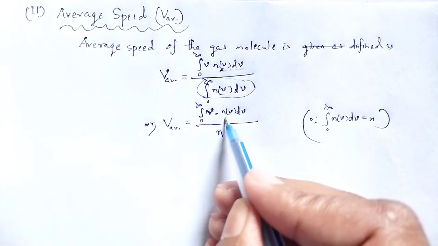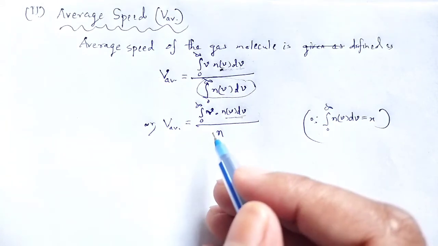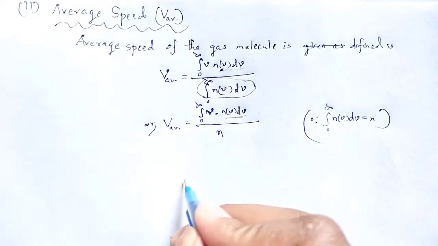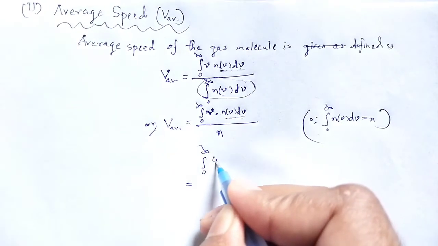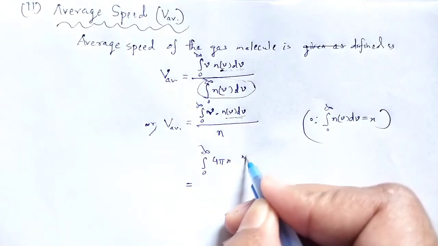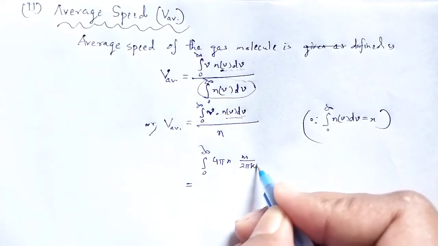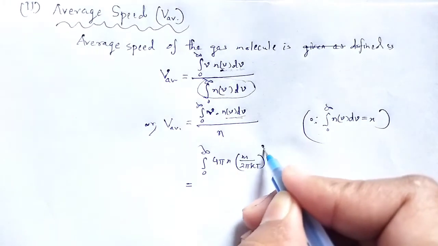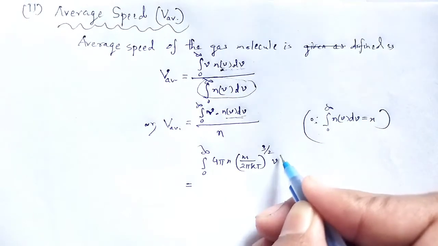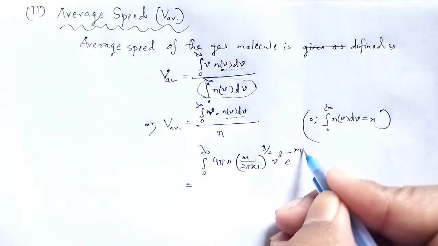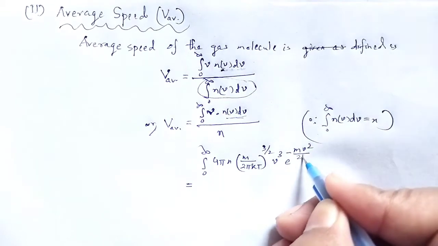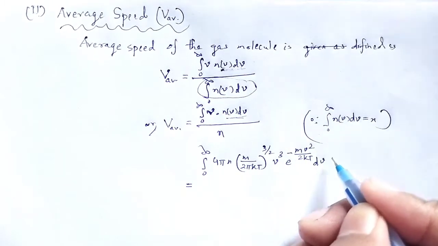Now putting the value of n_v dv: integration from 0 to infinity of 4 pi N (m divided by 2 pi kT) to the power 3 by 2 v squared e to the power minus m v squared divided by 2kT dv.